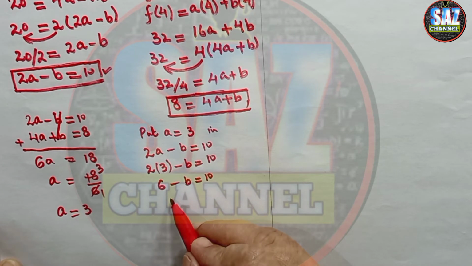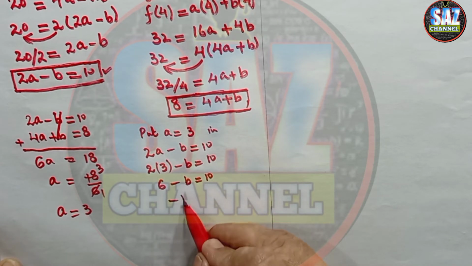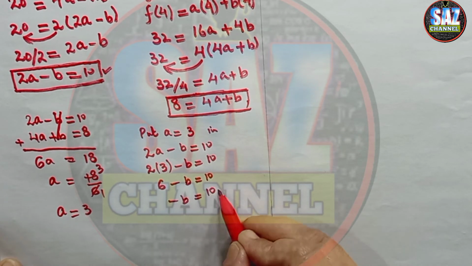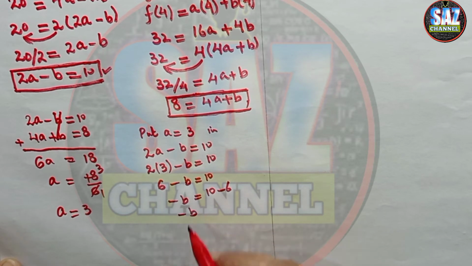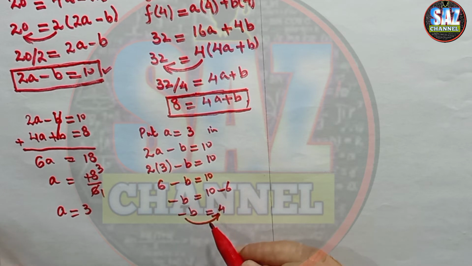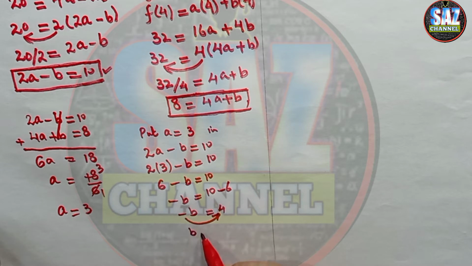And now shift 6 to other side. Minus b will be equal to 10 minus 6. Minus b equals 4. And I need the value of b with positive coefficient. So minus sign will be shifted to other side. And b equals minus 4, which was the second requirement of the question.